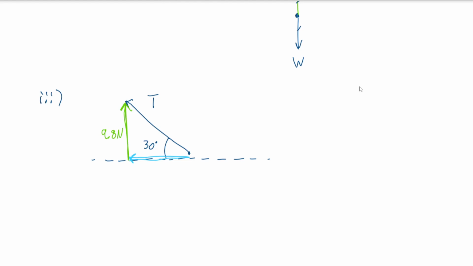So from the angle of 30 degrees, we know the opposite, and we're looking for the hypotenuse. So we will use this sine ratio. Sine of the angle equals opposite, which is 9.8 newtons, divided by hypotenuse, which is the tension force.